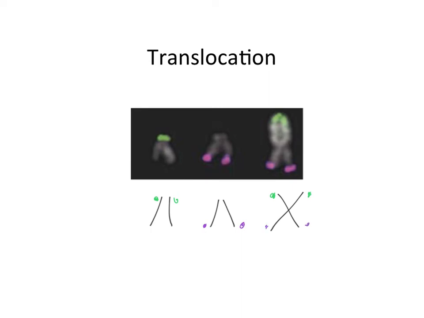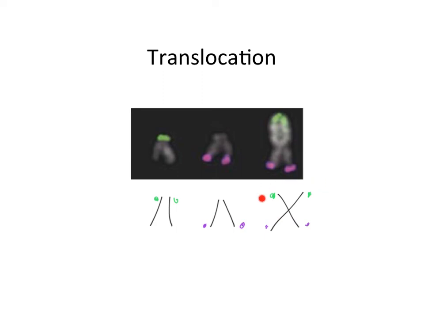So when we look at this metaphase chromosome spread, there's something strange going on. Normally we see pairs of chromosomes that have the same FISH signal hybridization patterns. But in this case, we still do have diploidy, or 2 copies of every chromosome. You'll see we've got 2 chromosomes that hybridize to the green probe, and we also have 2 chromosomes that hybridize to the purple probe.